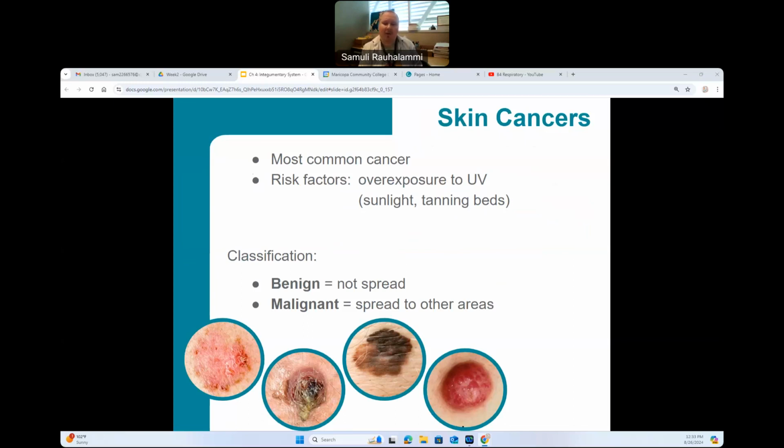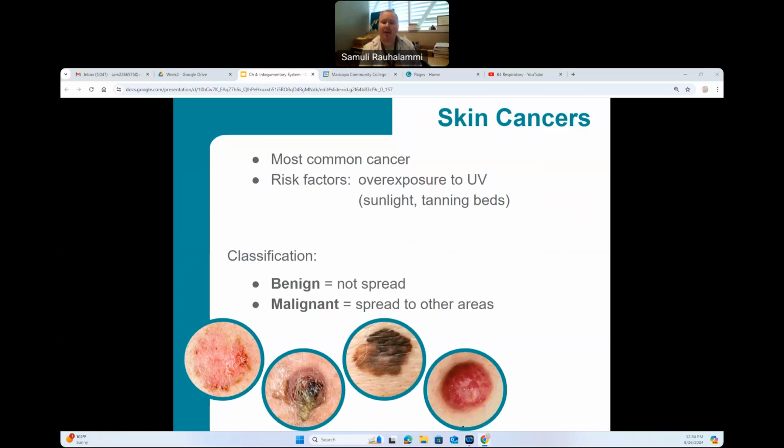Early removal of these lesions results in good chances of a cure, but if left untreated and not removed, there is a high risk of them spreading to the lymph nodes. So that's why, again, we do want to get those skin changes noted and checked by professionals.